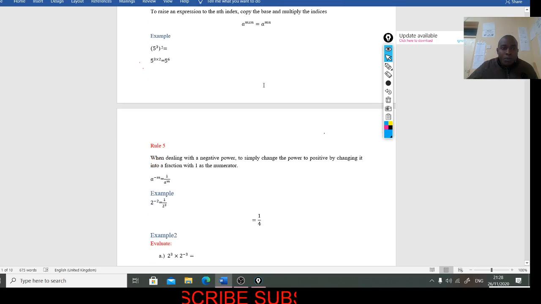Rule number 4. That is, to raise an expression to nth index. If you raise an expression to nth index, we copy the base and multiply the indices.